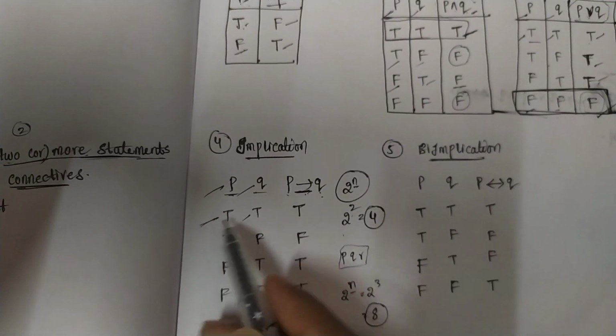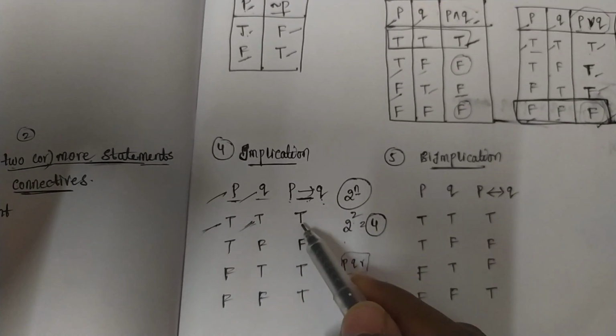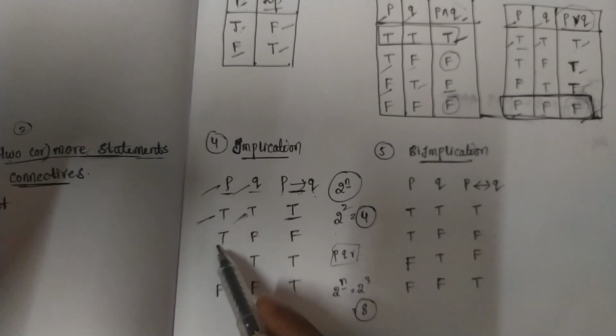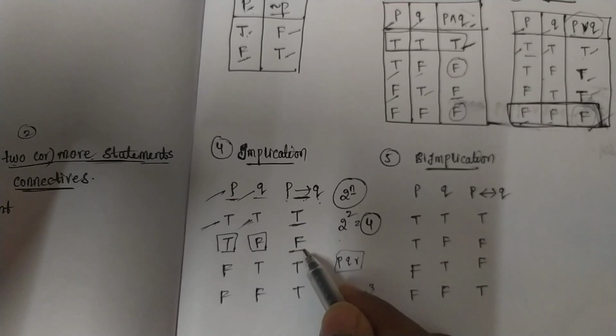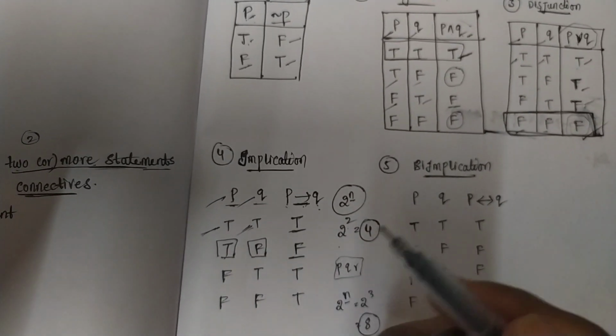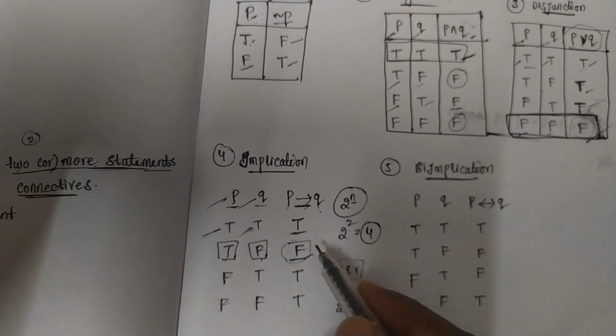If we take P value as true and Q statement true, we get the whole statement P implies Q also true. If P value is true and Q value is false, we get a false value. If the first statement is true and the second statement is false, the whole is false.